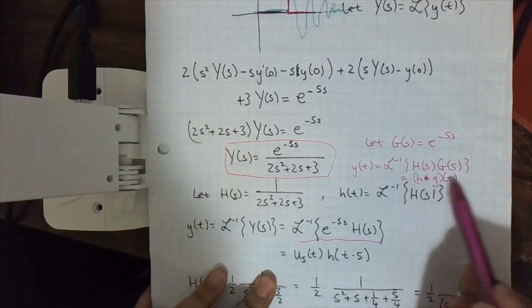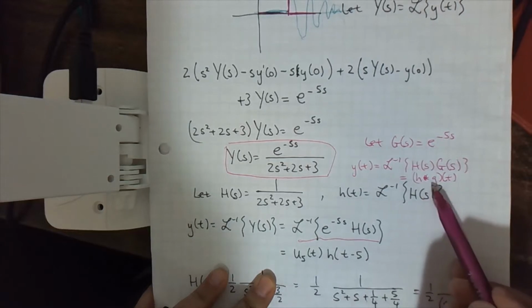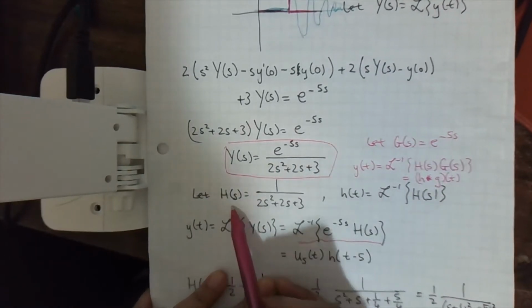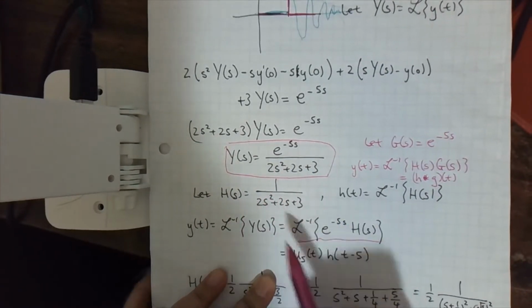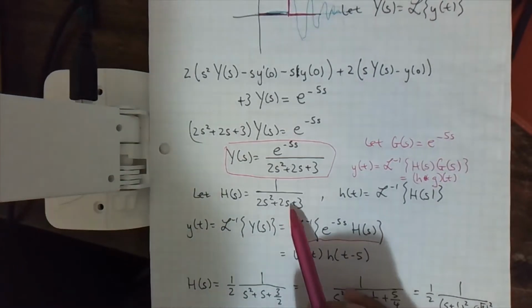Laplace transform of the product of two functions, and that gives us the convolution. So we're still going to call H of s this rational function, 1 over 2s squared plus 2s plus 3.